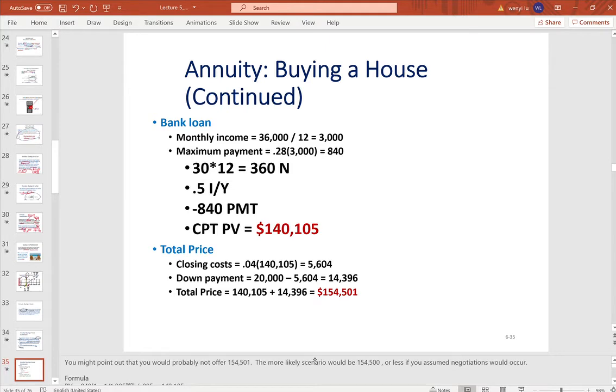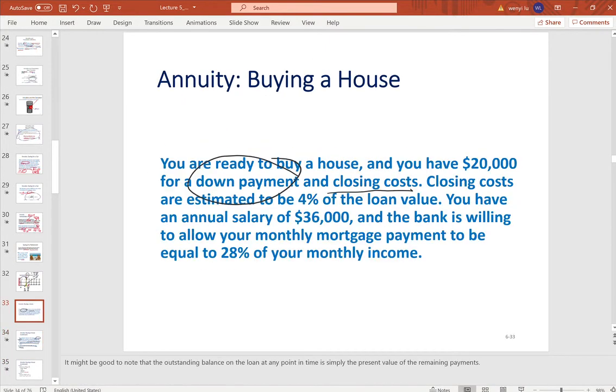Let's say what's the monthly income you have that you can pay for the loan, right? Your annual income is 36,000, but the mortgage for the house is paid monthly. So you need to solve the monthly payment you can afford to pay. 36,000 over 12, that's your monthly income.